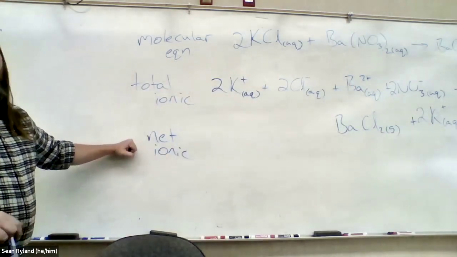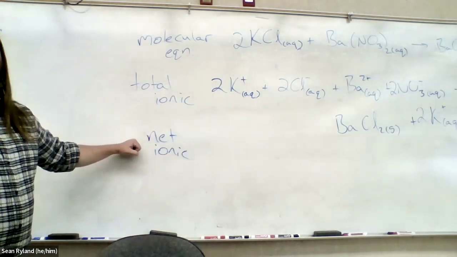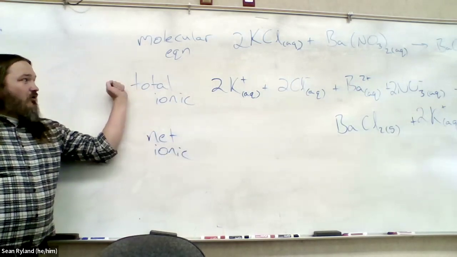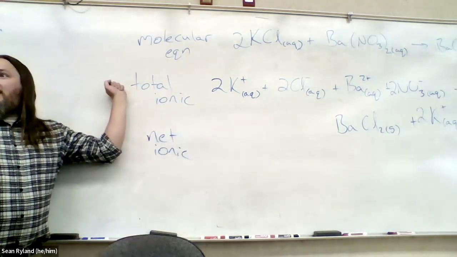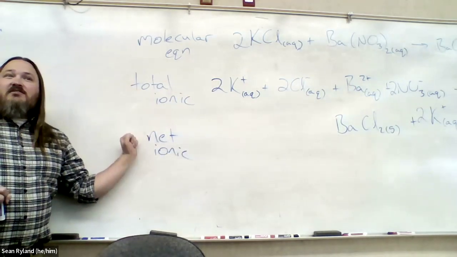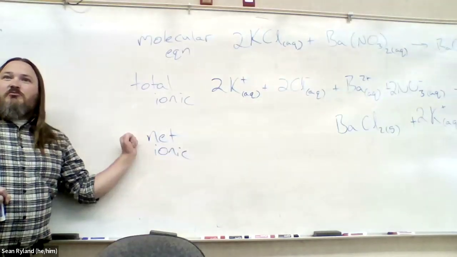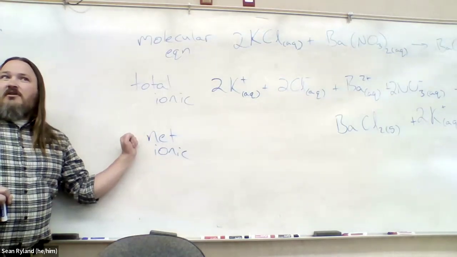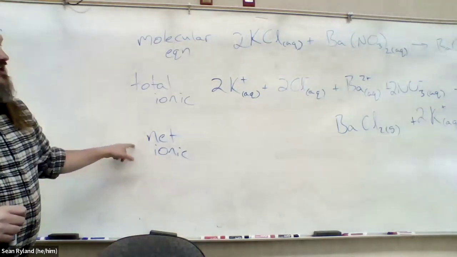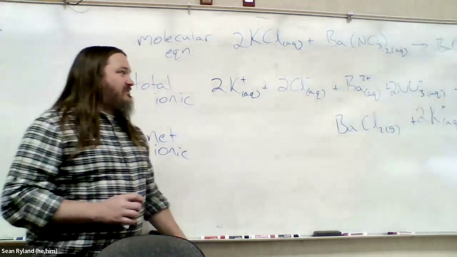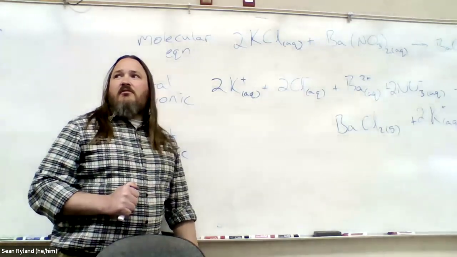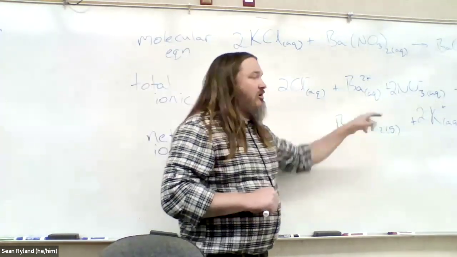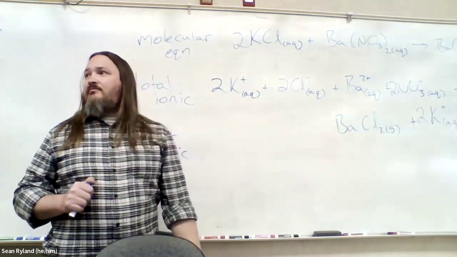The net ionic equation, think in terms of economics. If this is our total ionic or gross ionic, net means you cancel out everything that is a change that isn't really changing, right? So net ionic, basically you leave off anything that doesn't react, which is going to look like anything that looks the same on both the reactants and the products.